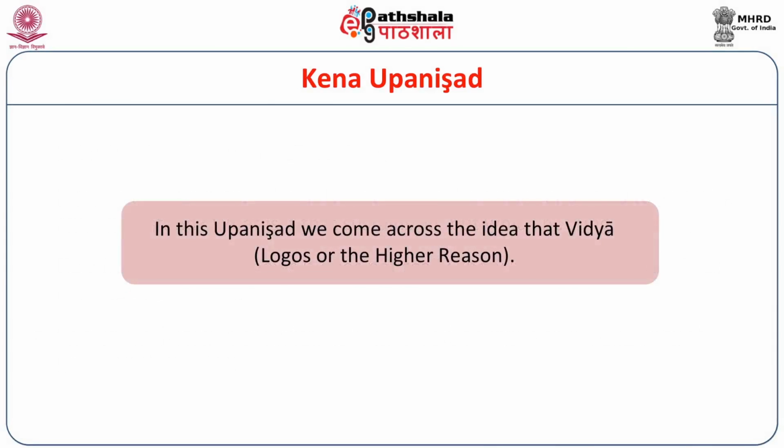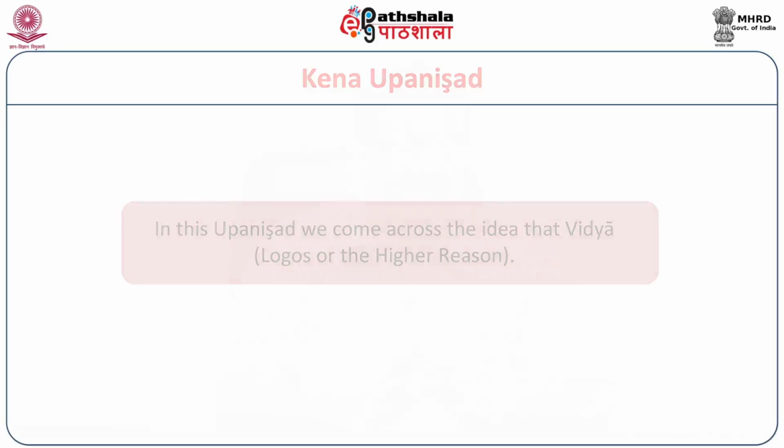In this Upanishad, we also come across the idea of Vidya, logos, or the higher reason. Strictly speaking, this Upanishad says all our sense organs and mind operate because of Atman. And this Atman is none other than Brahman.